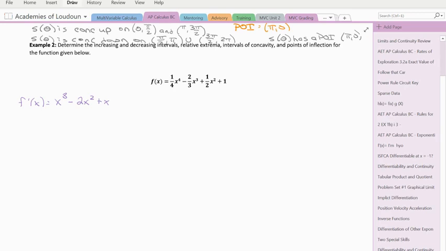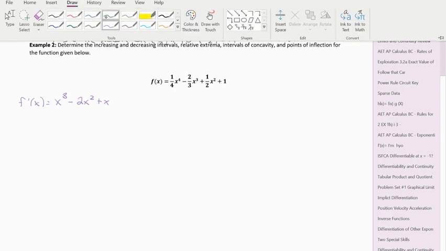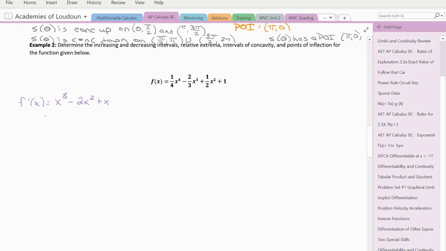Now in order to find our increasing and decreasing, we need to go ahead and set this equal to 0. So f prime of x is equal to 0, or f prime of x undefined.